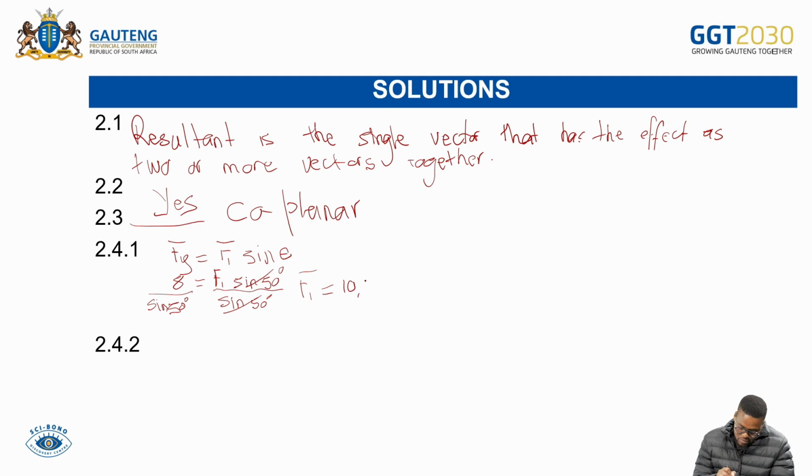So this here is 10.44 newtons. The direction of this one is vertical, which means the force F1 is equal to 10.44 newtons, right? Remember, you've got the X component and the Y component, so you can choose which one you are going to use.